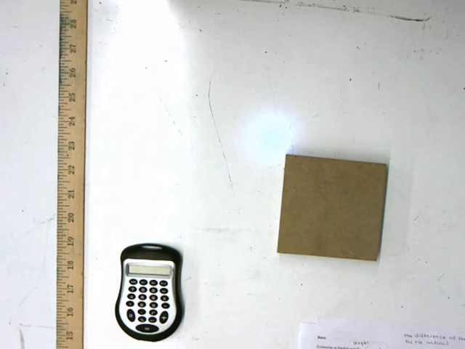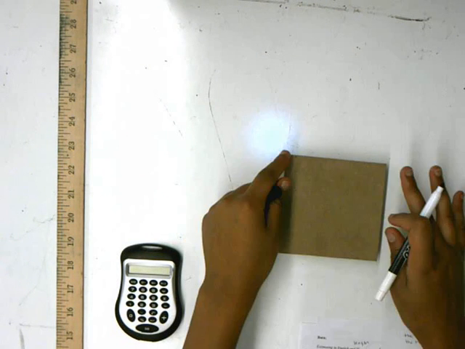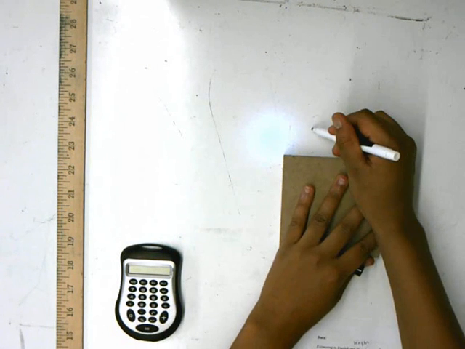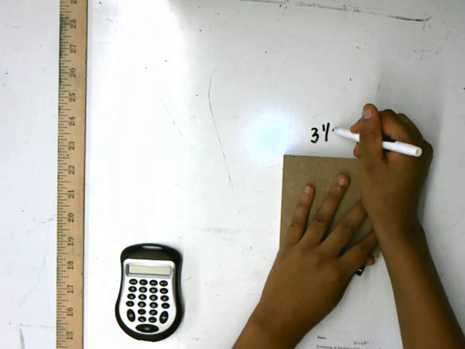And I'm going to estimate that that would be about 3.5 inches. So from here to here, I would say that that is going to be about 3.5 inches. And this is my estimate.